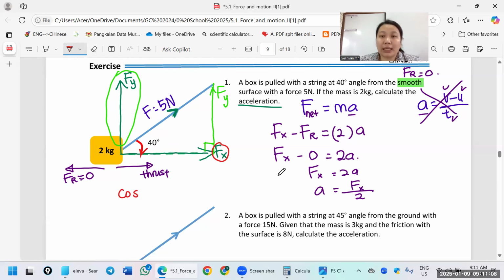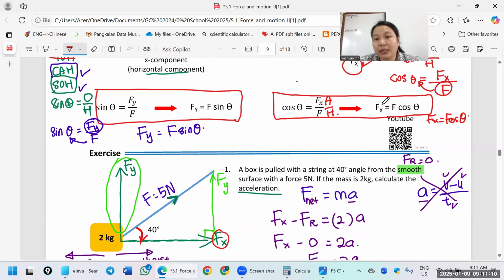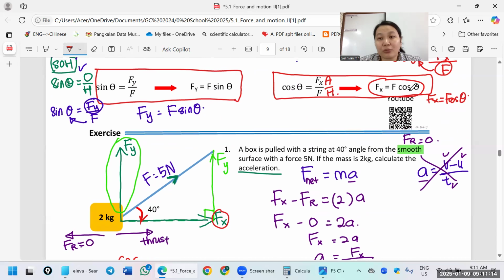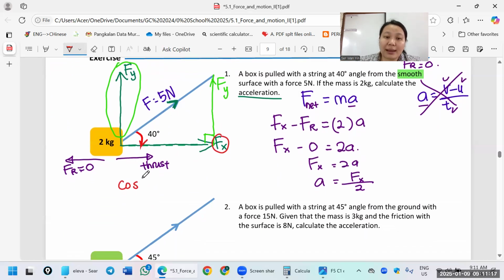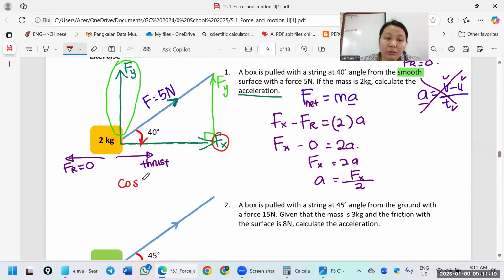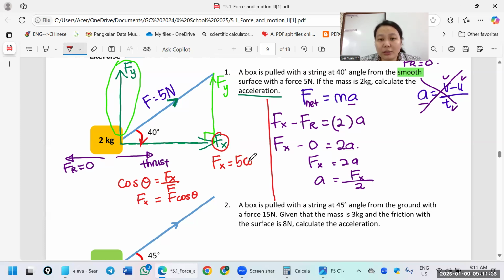So you have two ways: you can directly use Fx equals F cos theta, or you start back with your math skill. Cos theta equals adjacent Fx divided by F, so Fx equals F cos theta. So Fx equals F, which is 5, times cos 40.